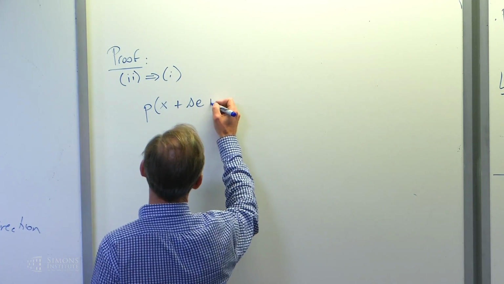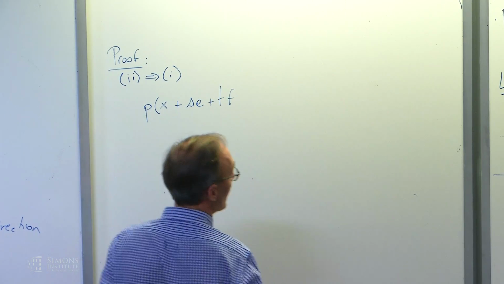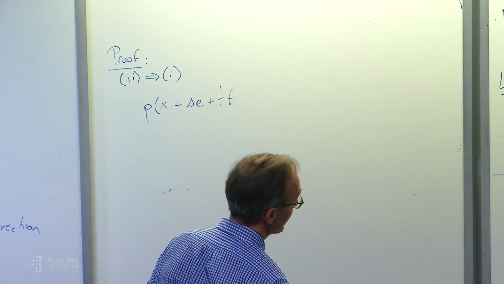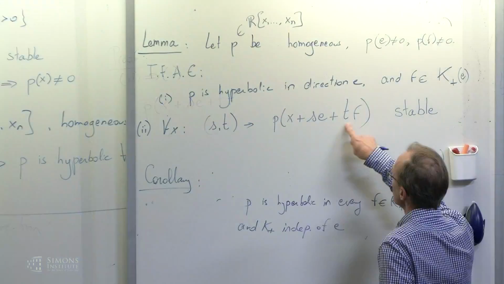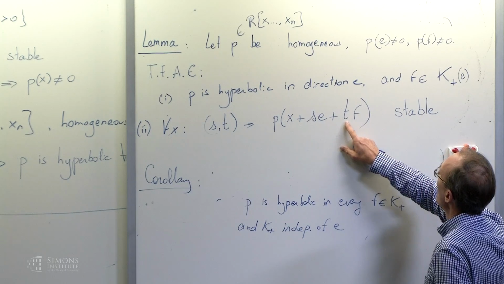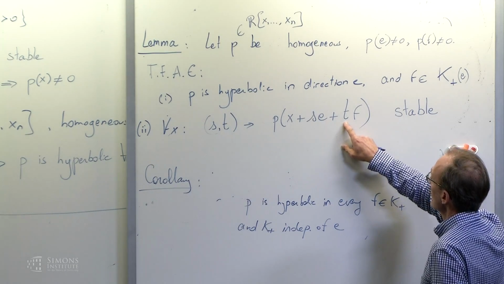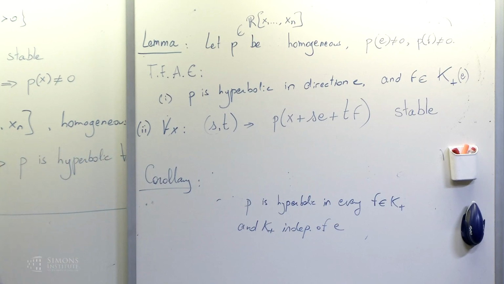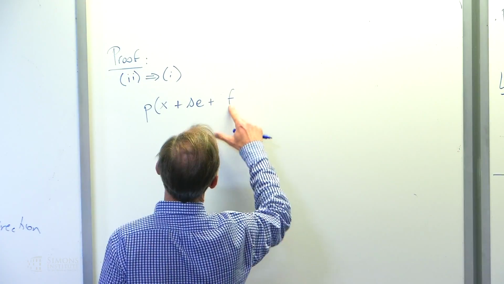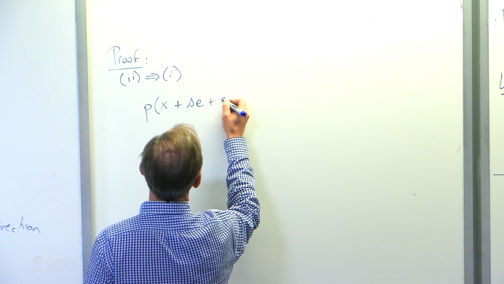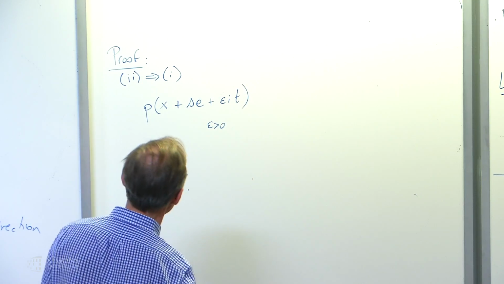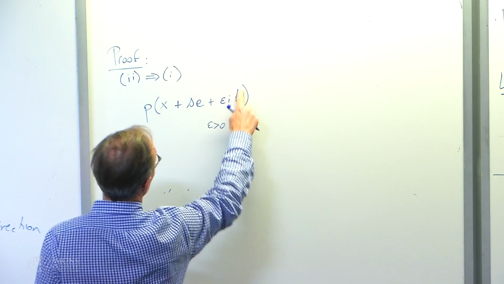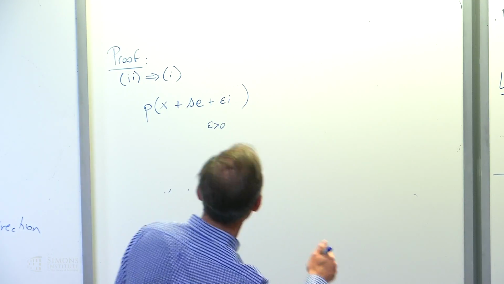So I'm going to look at this polynomial, and the first thing I'm going to do is, I know it's stable, but I'm going to take a t that's in the upper complex plane. Let's say t is epsilon i, where epsilon is positive, times t. So epsilon i times f.